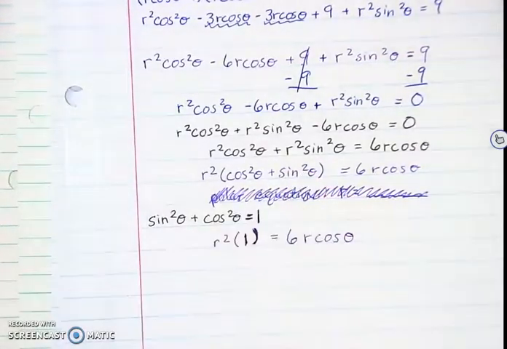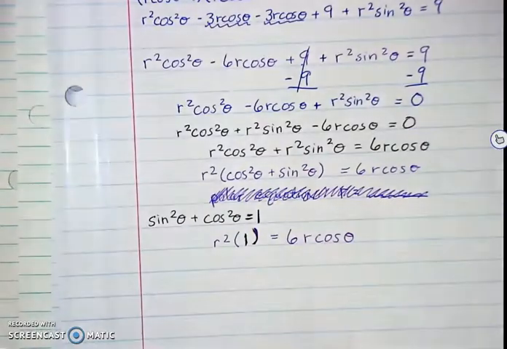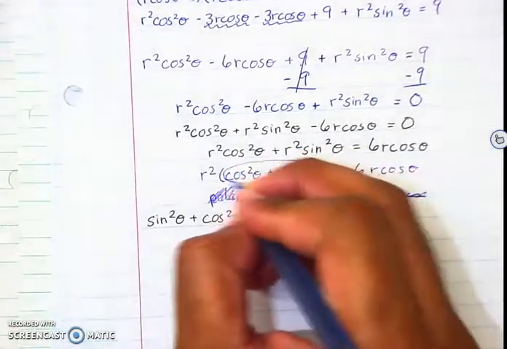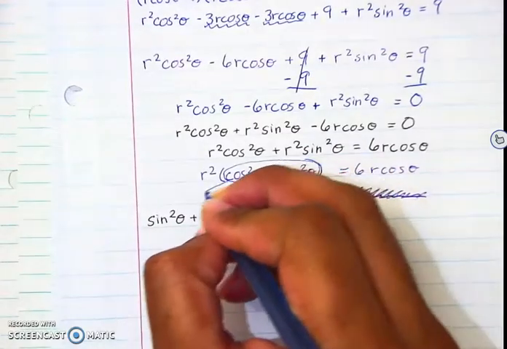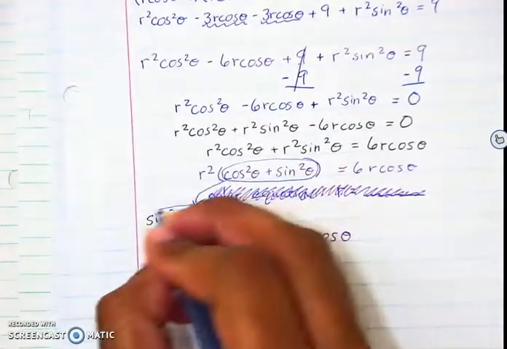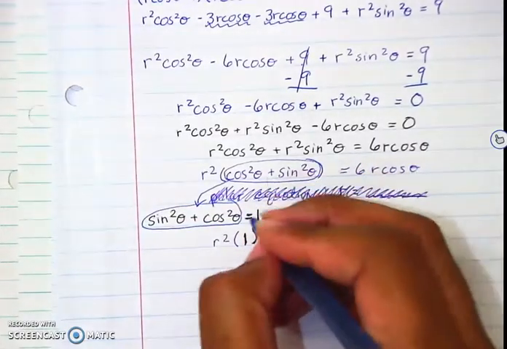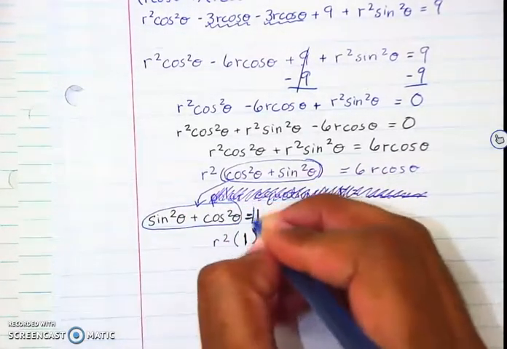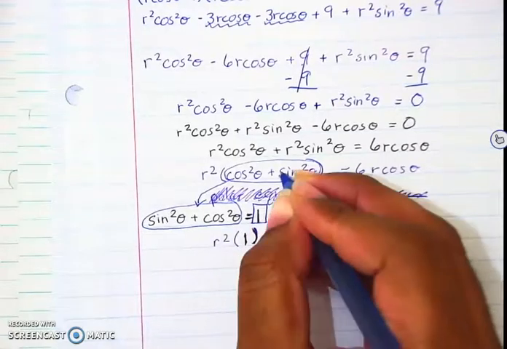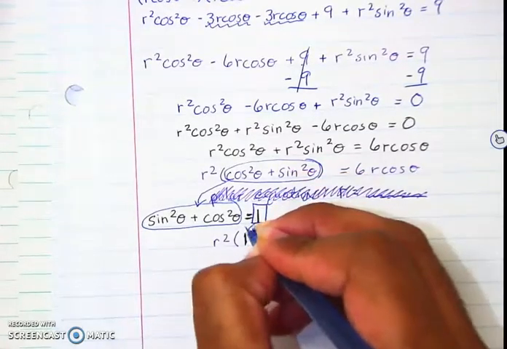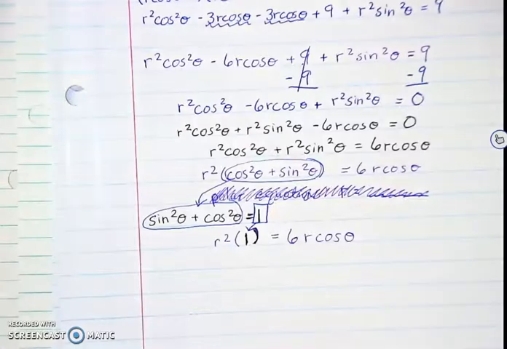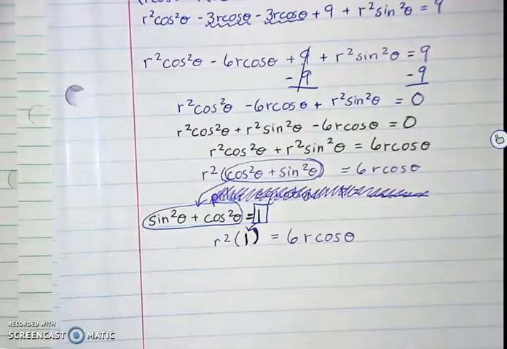So again, all we did was take what's inside the parentheses, looked at it, and said, okay, that's this right here. To simplify it down, that means this equals 1. So let's just change this over to 1, which makes life so much easier. So much easier.